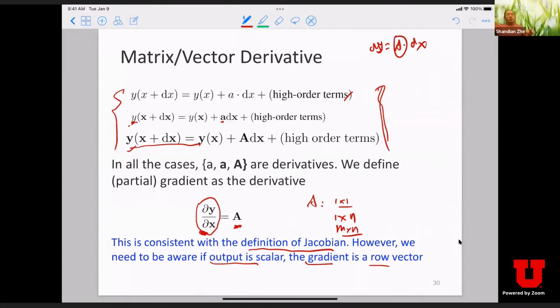You multiply a row vector with a column vector dx and end up with a scalar. So if you define the gradient as the derivative here, you should pay attention that for a scalar output, the gradient is a row vector, not a column vector as you might commonly assume.